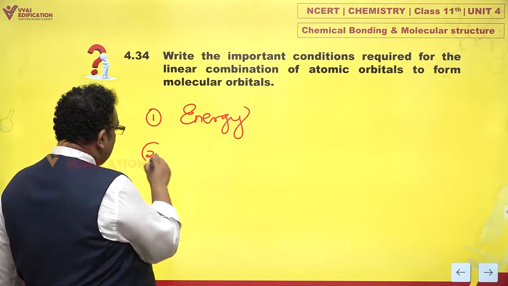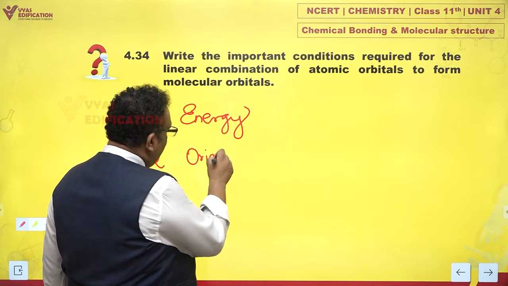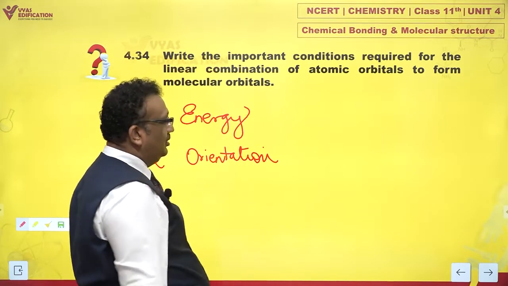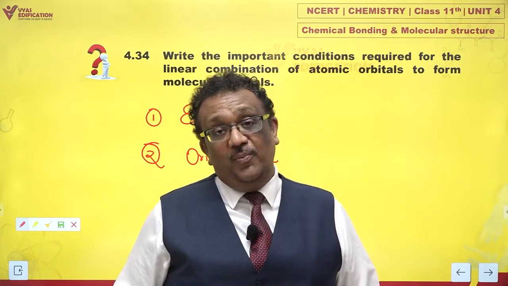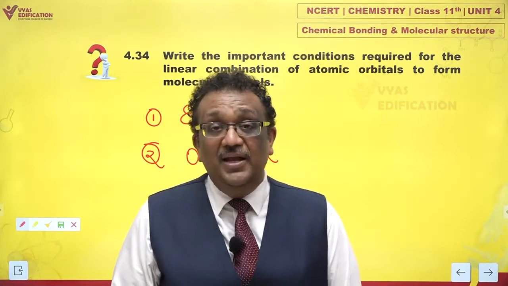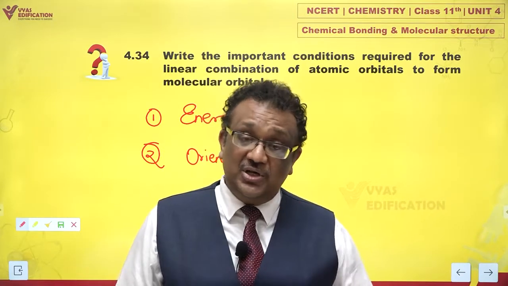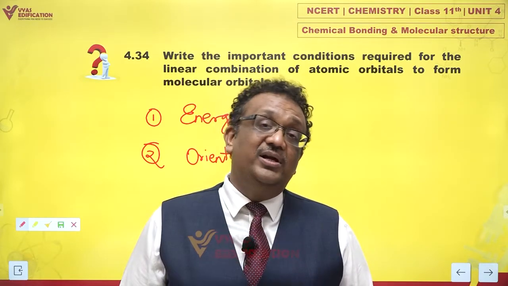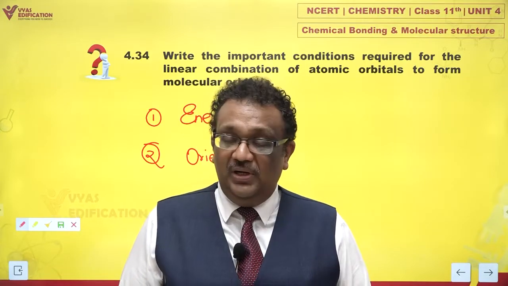What is the second condition? The second condition is that of orientation. The combining atomic orbitals must combine in a proper orientation. That means they must approach each other from correct directions. Unless the orientation is correct, we will not get a molecular orbital.